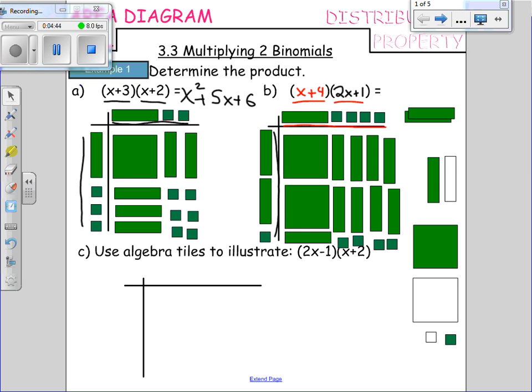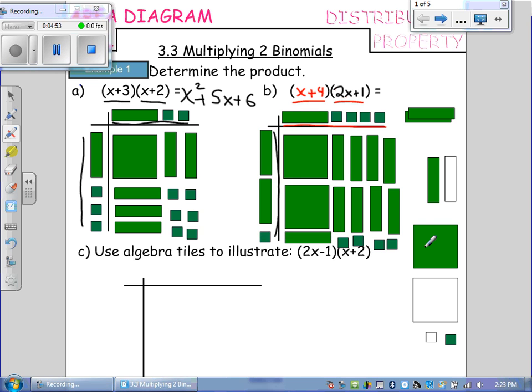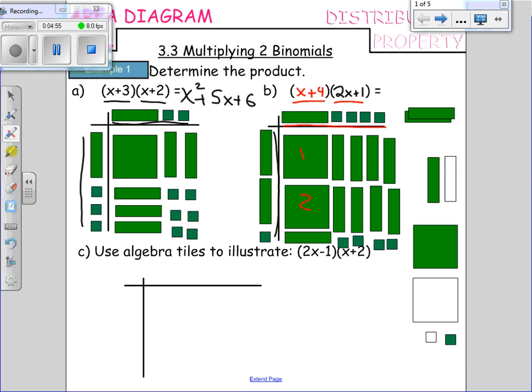2x squared plus 9x plus 4. Exactly. Joe's got it right. So he realized we have 2x squared. We've got 1, 2, 3, 4, 5, 6, 7, 8, and 9. Don't forget this one down here.